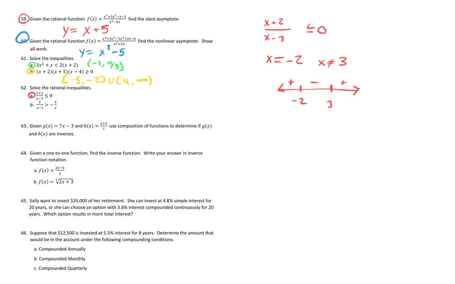We also know that we can include -2, but we can't include 3. So I'm going to put a closed circle at -2 and an open at 3, and then I'm going to fill in that gap. Then to write this in interval notation, we use brackets around -2 because it works, and I'm going to use parentheses around 3 because it's not included.